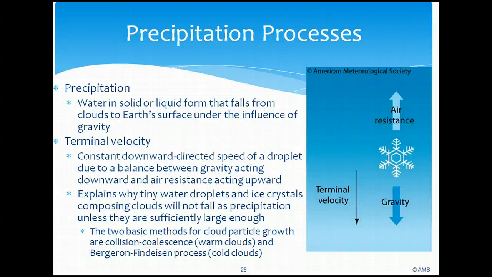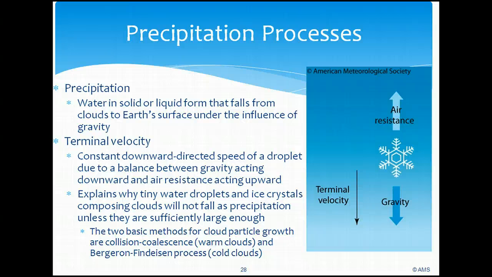And the key to understanding the mechanisms of precipitation and its formation is the concept of terminal velocity, or the speed of a falling particle. This thing called terminal velocity is the constant speed attained by a particle falling through a motionless fluid such as water or air.